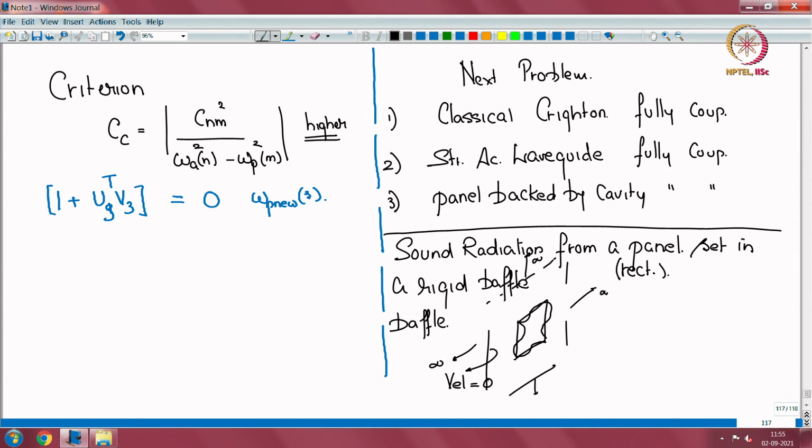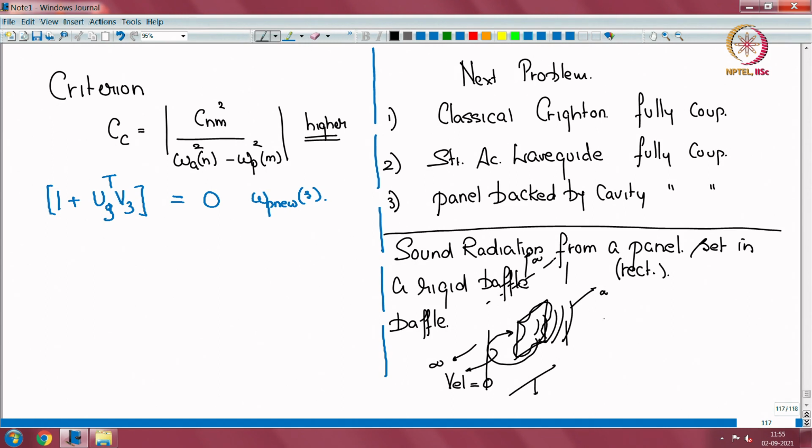Okay. Now the implication or need for this wall is that if there is no wall and the plate starts to vibrate and pushes the air, then the air finds an easy path to go behind the panel.